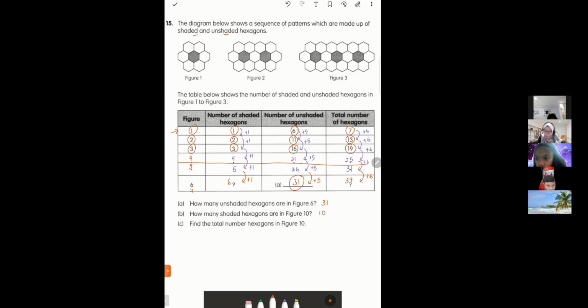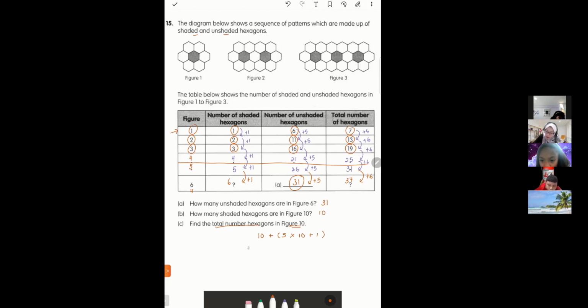Number C, how many total number of hexagons in figure 10? For this, you will look for the formula. So it will be figure 10, right? So it will be 10 plus 5 times 10, and then the answer, you plus it with 1. Where do I get 5 times 10?